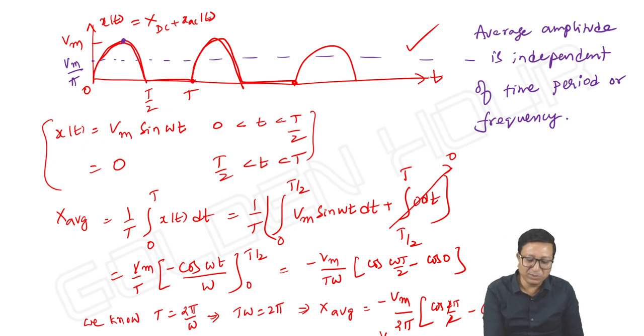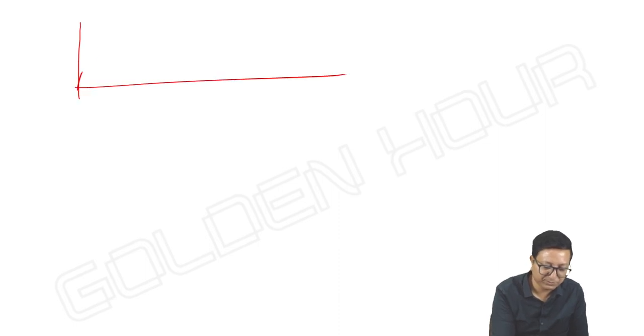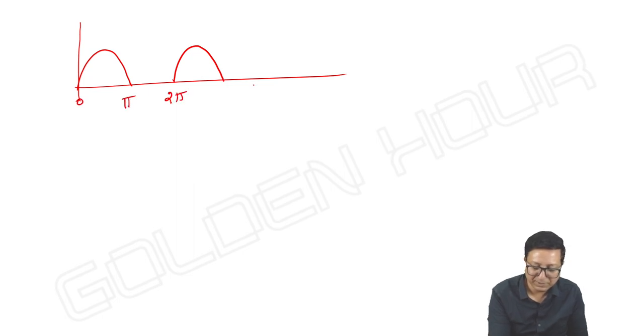And one more thing I can write. See, I wrote 0 to T by 2 and T. Some people used to write it like 0 to pi and 2 pi. That is also valid. It means the same signal, with 0, pi, 2 pi, 3 pi, 4 pi like this.